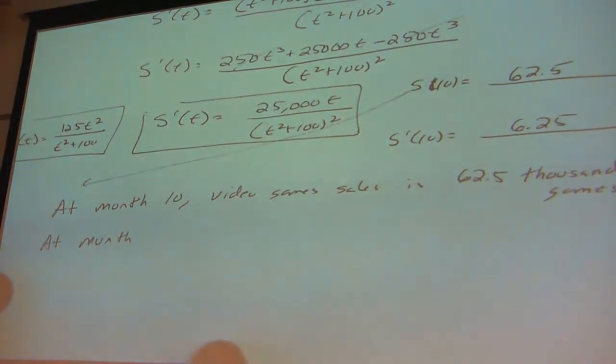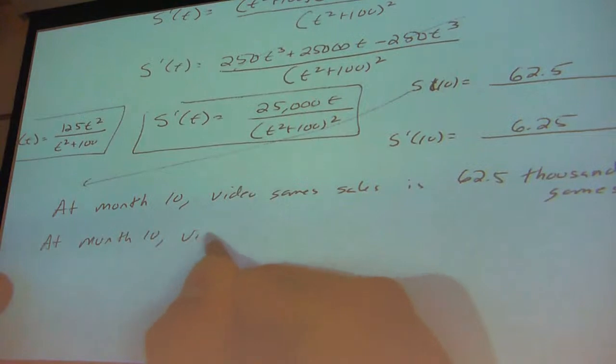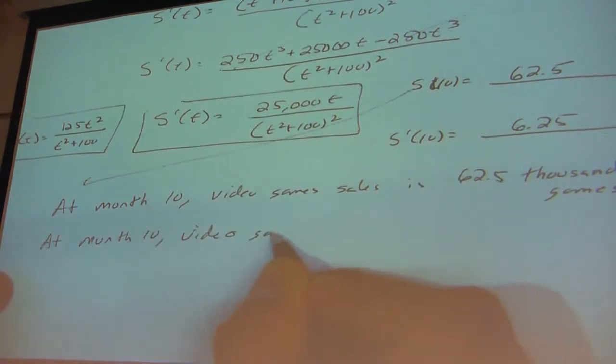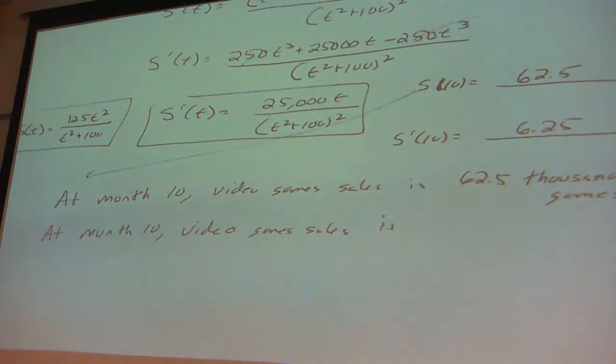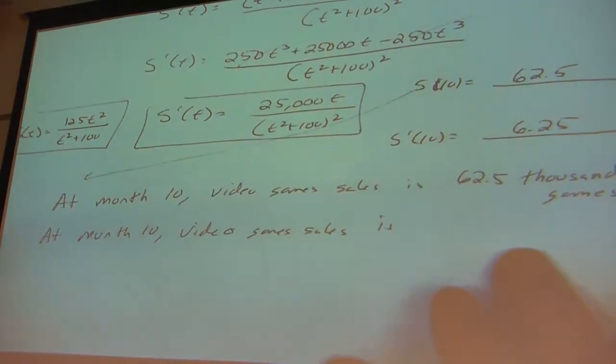Okay. So at month 10, video games sales, these video games are flying off the shelves. Is it increasing or decreasing?